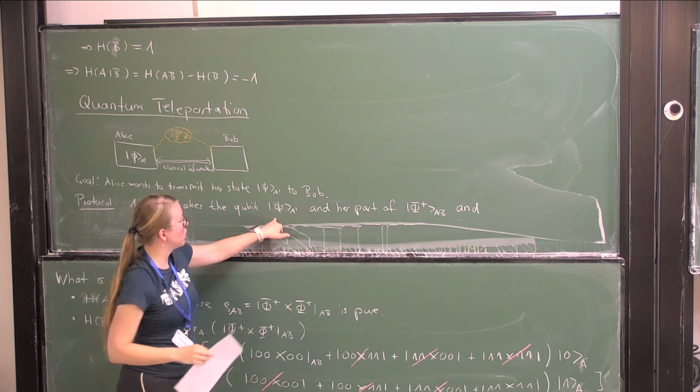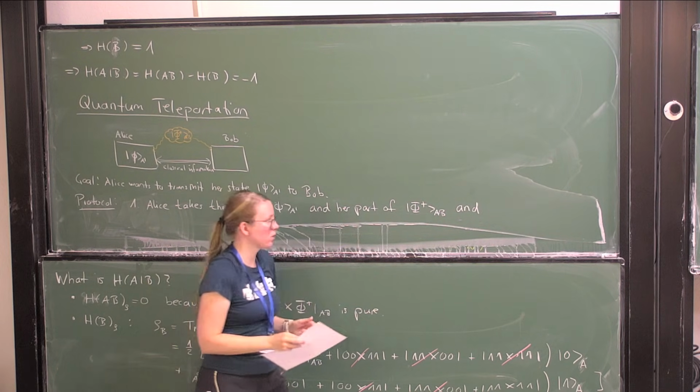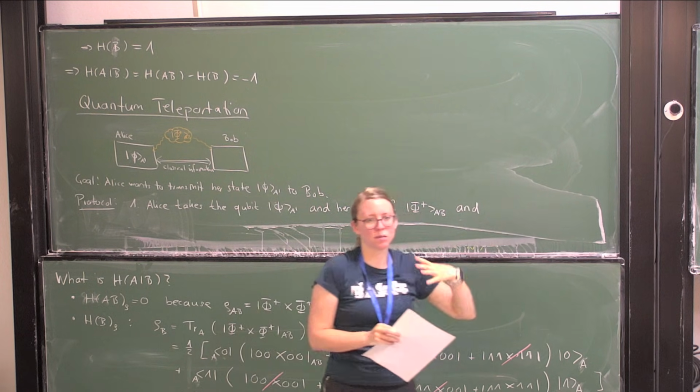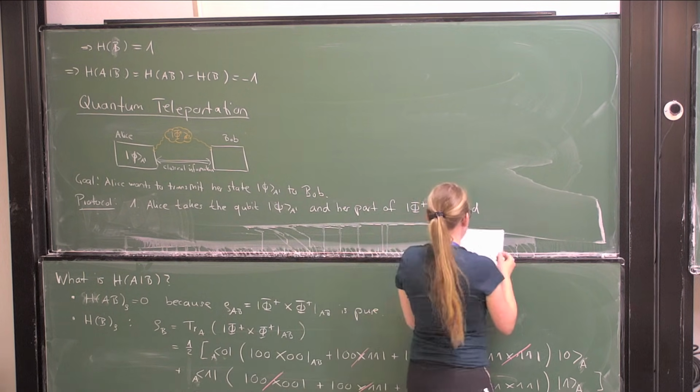So this is one qubit, this is also one qubit because she only takes her qubit. So it's a 2-qubit system. That means she can do this Bell measurement on the 2-qubit system.